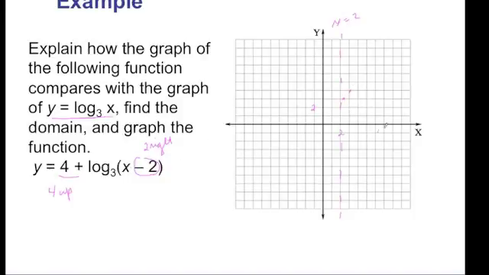Our point 3, 1 moves to the right, and 1, 2, 3, 4 up. And now we have this is the graph, and the domain, as we said, will run from 2 to infinity because we moved the asymptote.